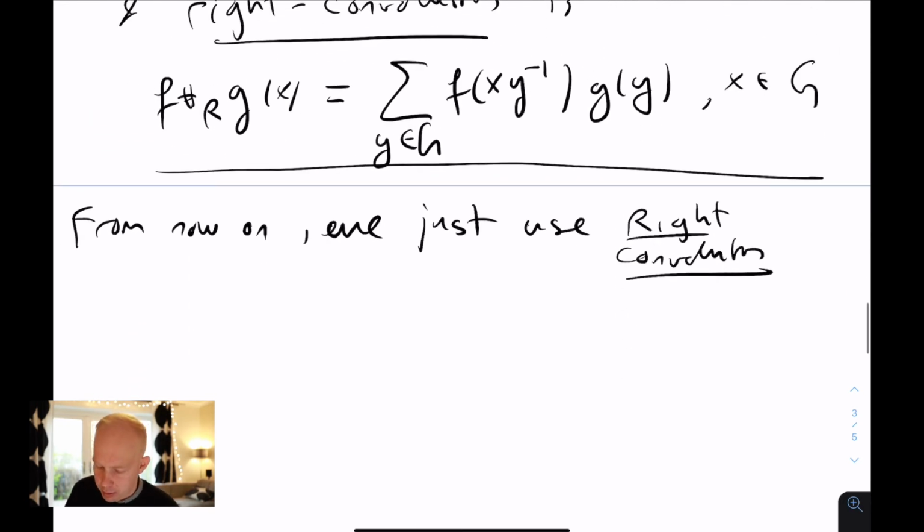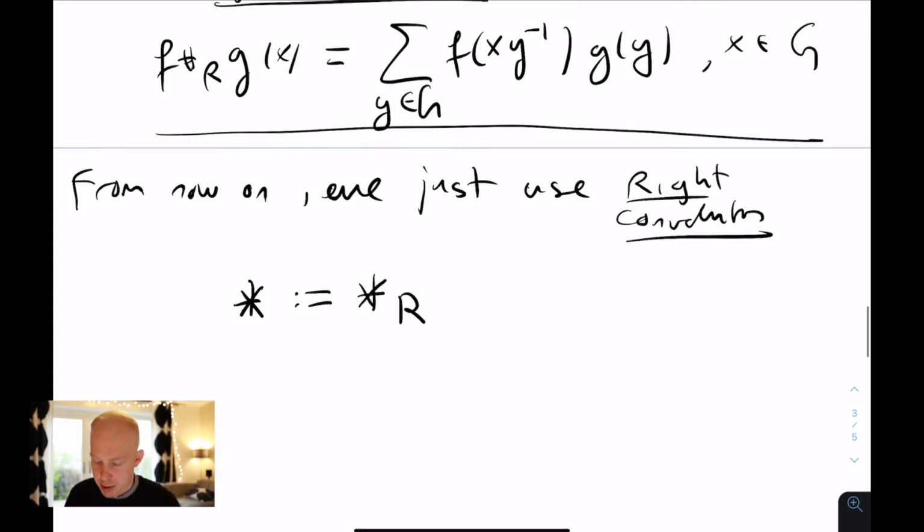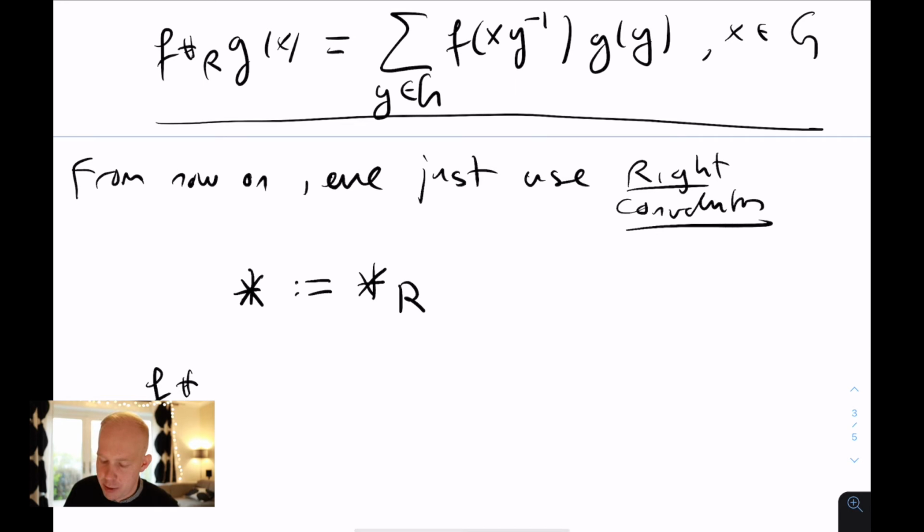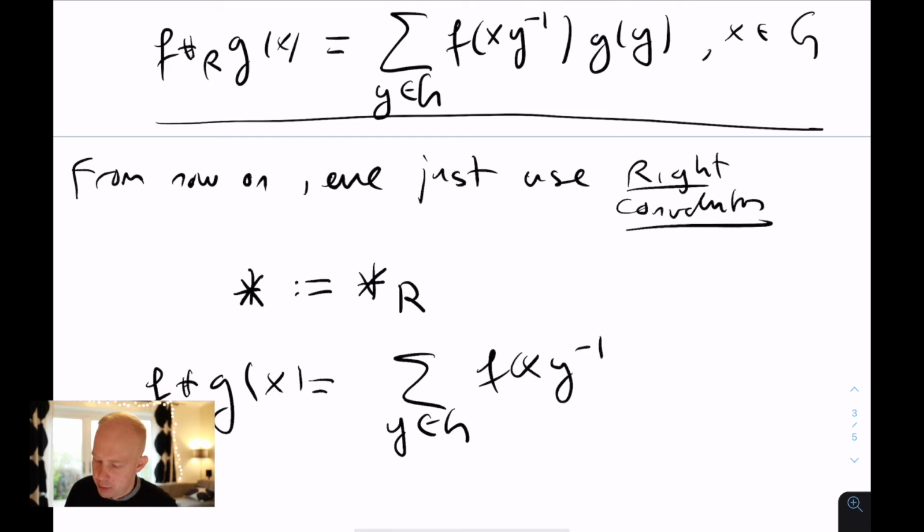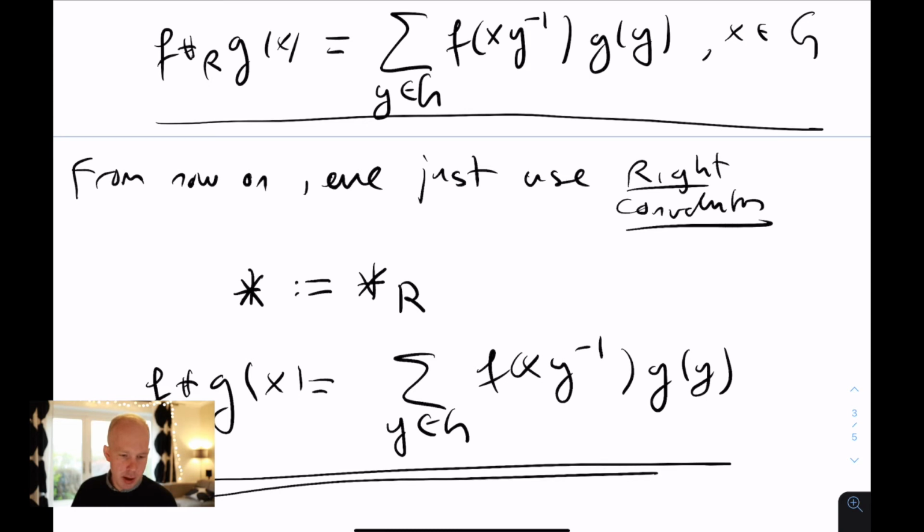We define the convolution operator to be just the right convolution. When we write convolution of two functions, we mean exactly the sum over y in G of f of x y inverse times g of y. That's what we are going to be using from now on.